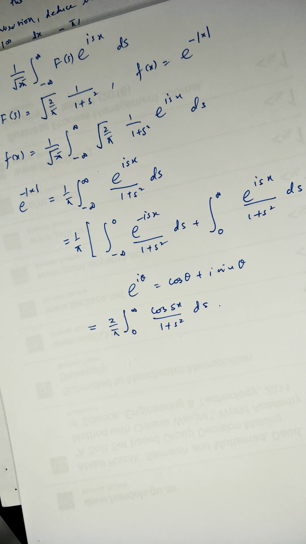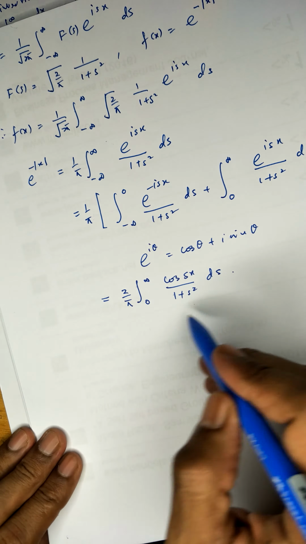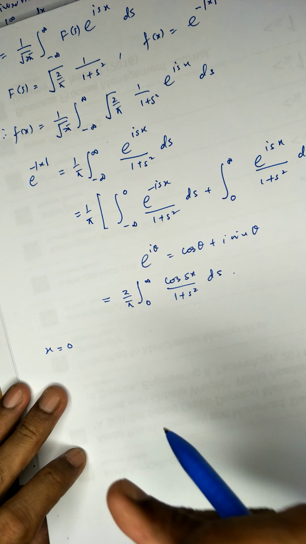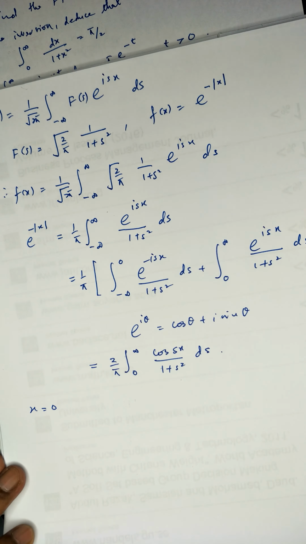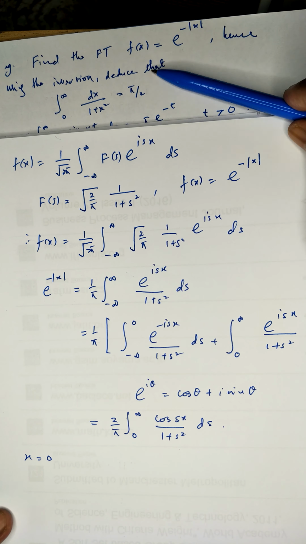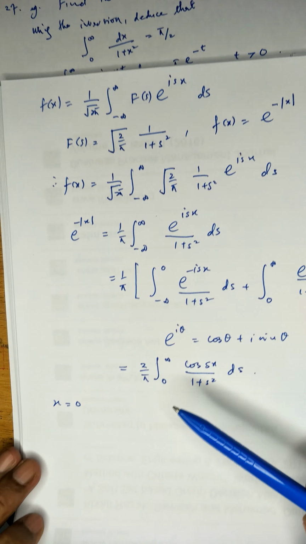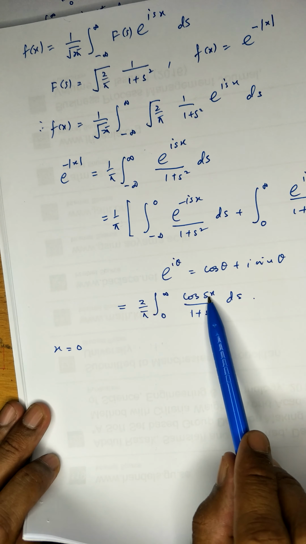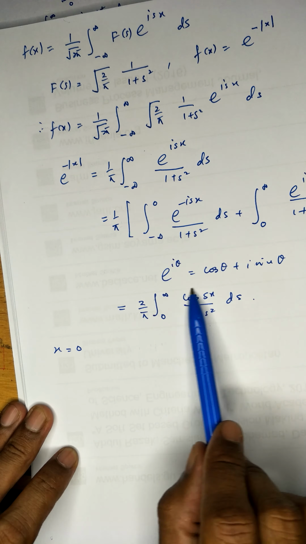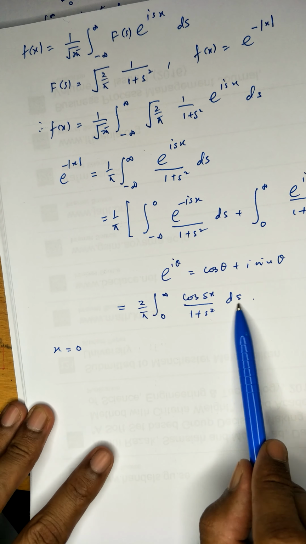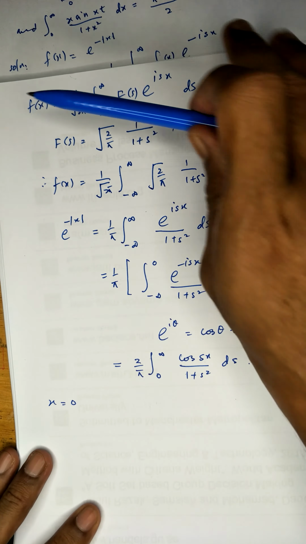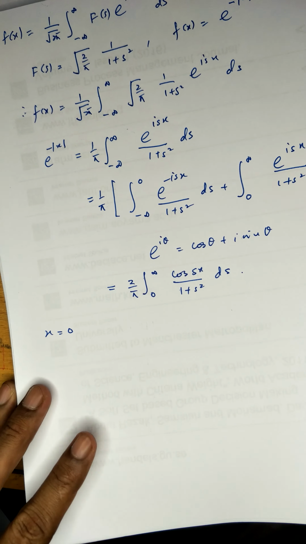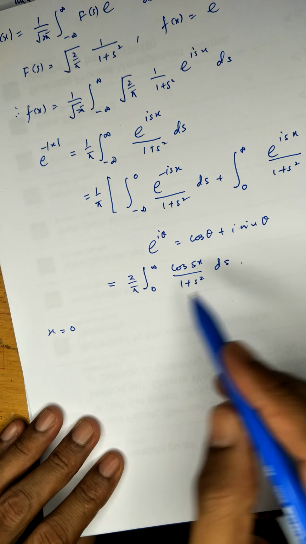So if you consider x equal to 0, this is obvious. Remember that the question is we want to deduce those things. So if we take x equal to 0, what we have here is cos 0 equal to 1. s is just a dummy variable of integration.